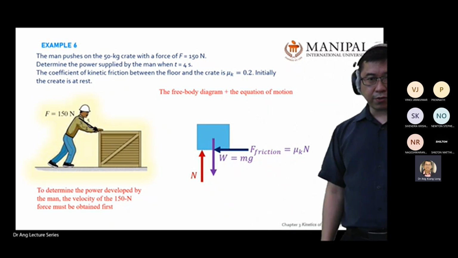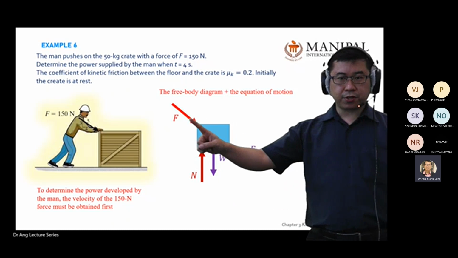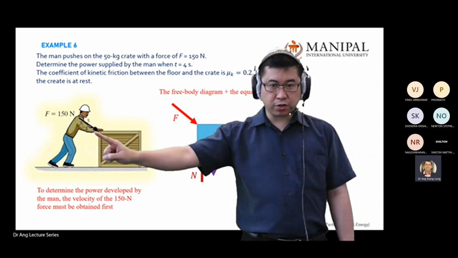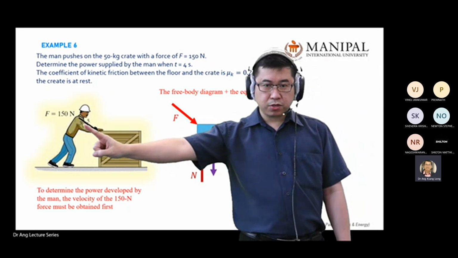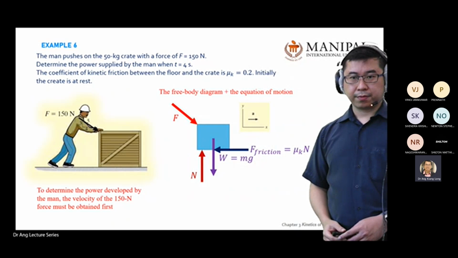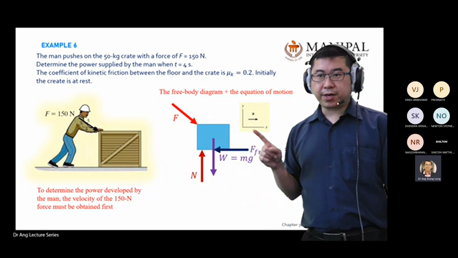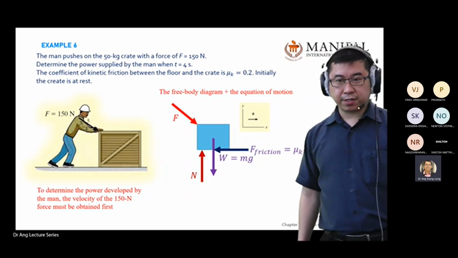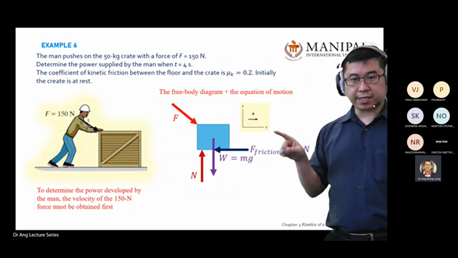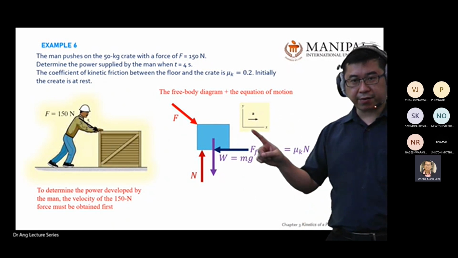You take mu and multiply by the normal force. You get the friction force. Okay, plus the force by the man, and again the force is given in the trigonometry relationship 3, 4, and 5. All right, so acceleration is in this direction. I just combine with the kinetic diagram here.